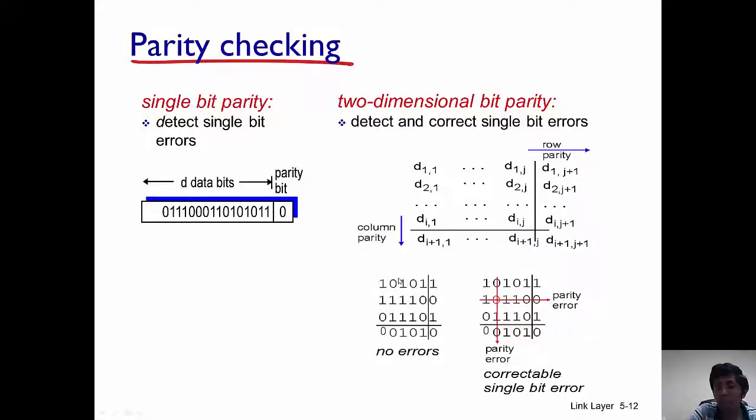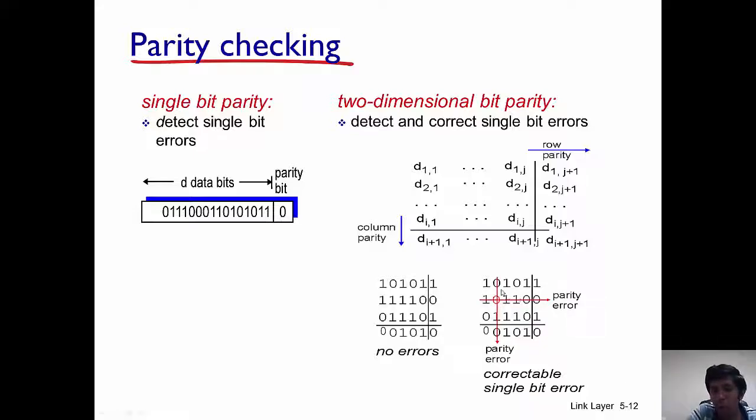Now there is a parity bit for each of these rows. If there is an error, say this bit here got flipped to a 0, what you can find out with single bit parity is that one of these bits here has been flipped. So this entire row has not been received correctly. That is the detection part that you can do with single bit parity.